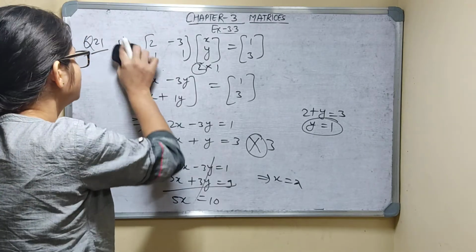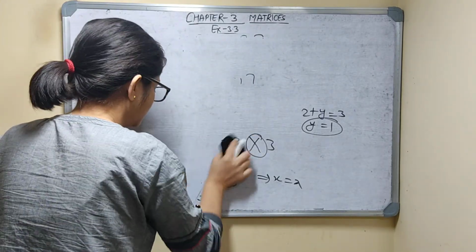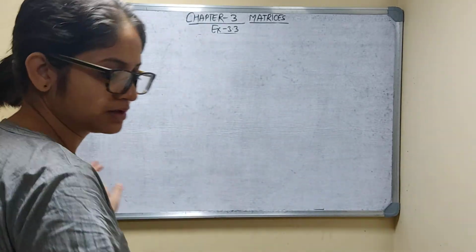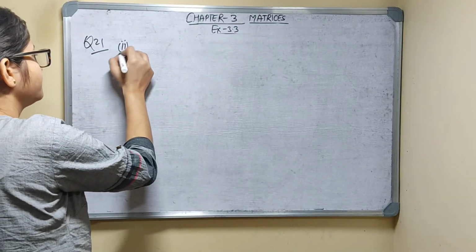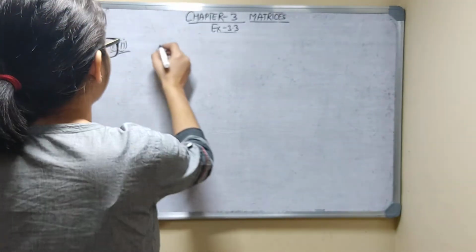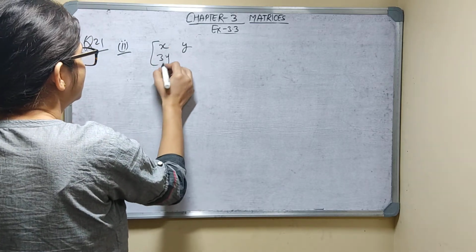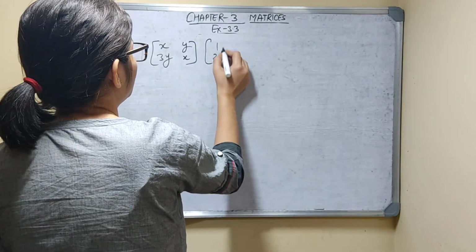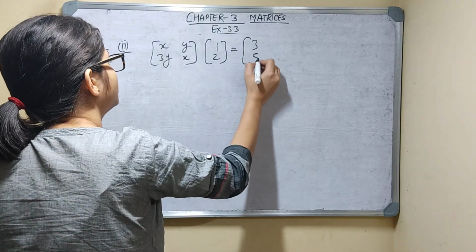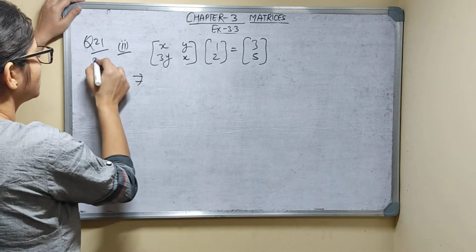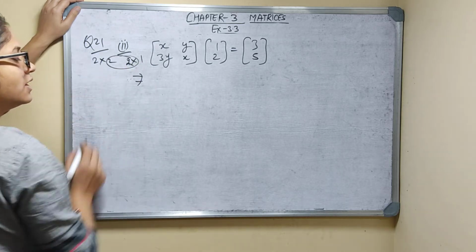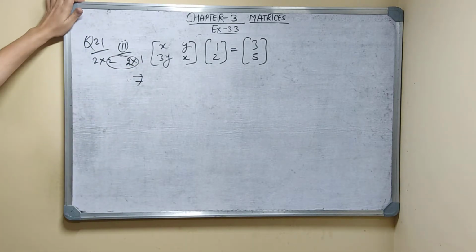Now the second part you can see: [1, 1; 3y, x... ] Actually the matrix [1, 2; 3, 2... ] you can multiply. This is a 2 into 2 matrix, this is 1 into 2 into 1. So you will get 2 into 1, which means 2 rows, 1 column.